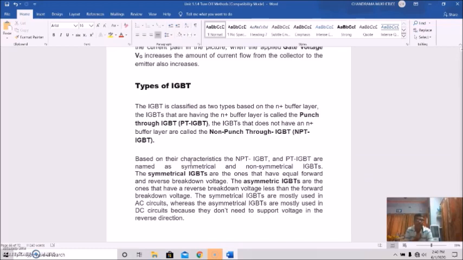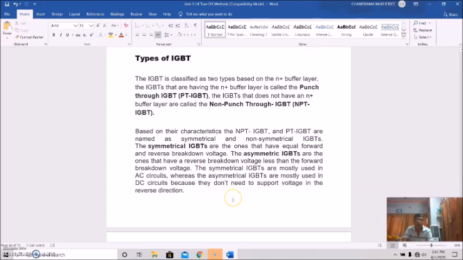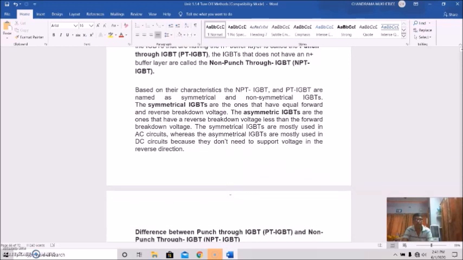Non-punch through and punch through IGBTs are also named symmetrical and asymmetrical IGBTs. Symmetrical IGBTs have equal forward and reverse breakdown voltage, and asymmetrical IGBTs have a reverse breakdown voltage less than the forward breakdown voltage. Symmetrical IGBTs are mostly used in AC circuits, whereas asymmetrical IGBTs are mostly used in DC circuits because they don't need to support voltage in the reverse direction.